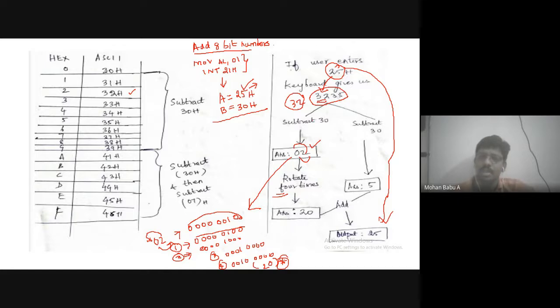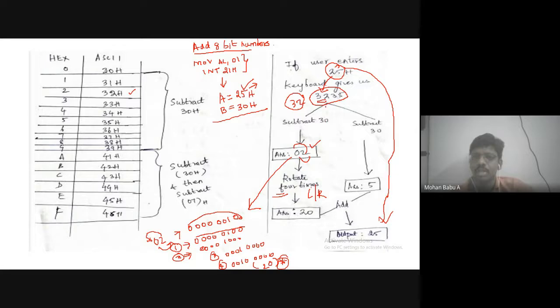First, we take the higher byte, subtract 30, and you will get the answer as 2. Then rotate the number by 4 times, either towards left or towards right, and you will get 20 as the output.